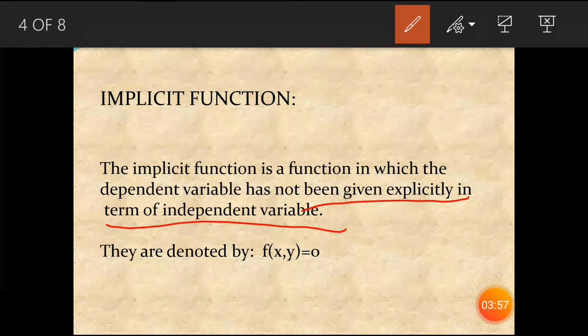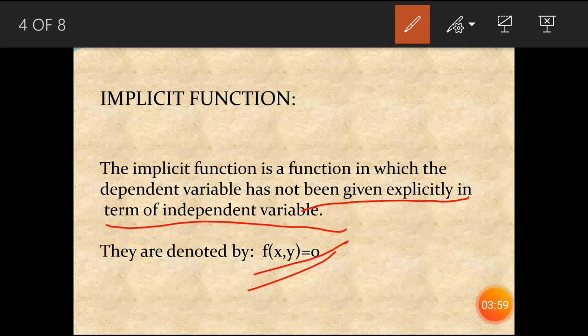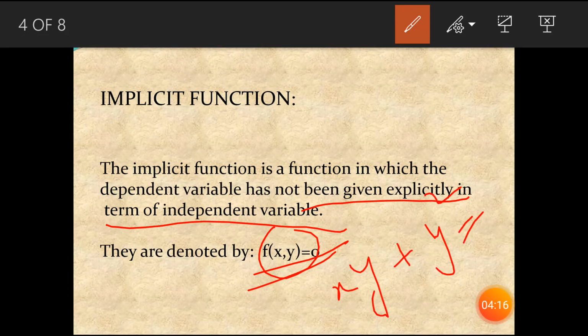They are of the form f(x,y) equals 0, meaning on one side we have both x and y together, a combined, mixed function, and the right-hand side is equal to 0. For example, suppose your function looks like this, x plus y, y square equals 0. Now it's very difficult for you to express y in terms of x.